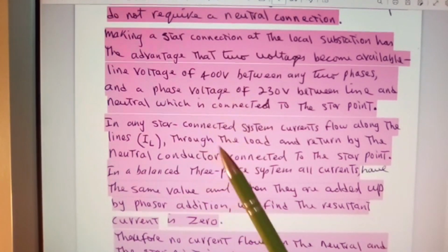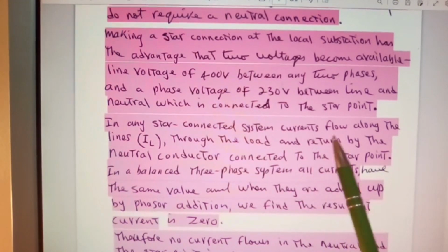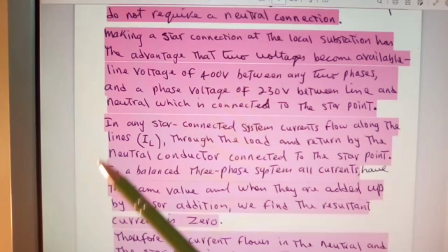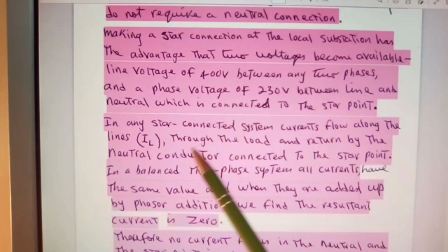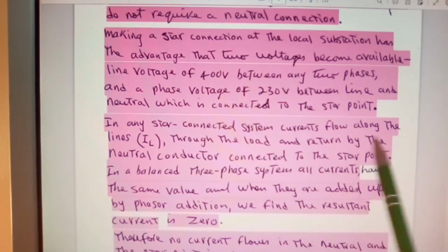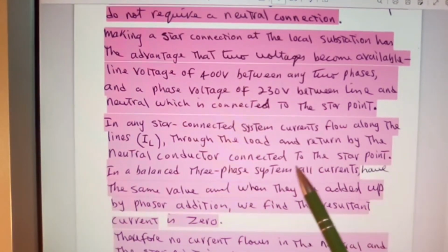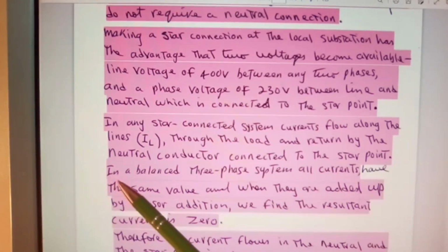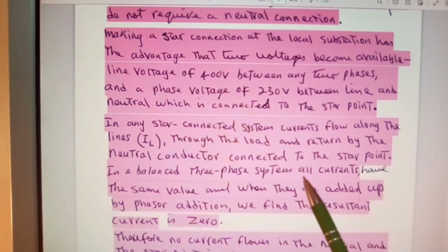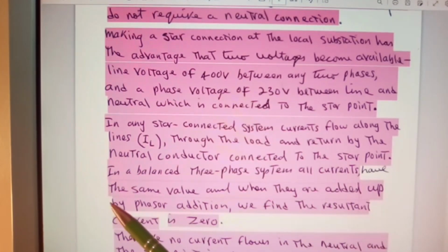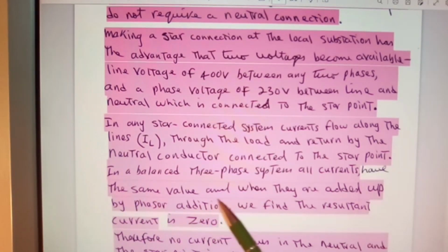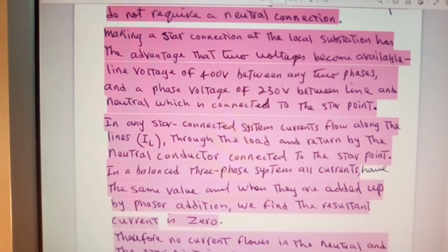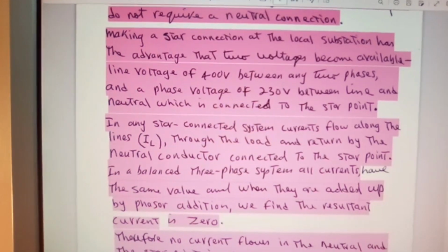In any star connected system, current flows along the line IL through the load and returns by the neutral conductor connected to the star point. In a balanced three-phase system, all currents have the same value, and when they are added up by phasor diagram, we find the resultant current is 0.